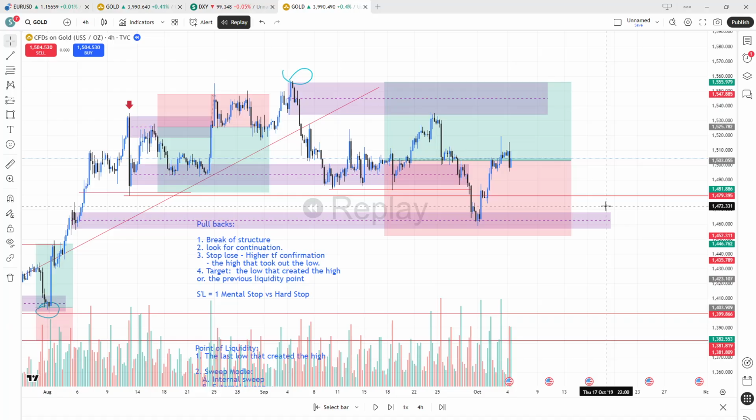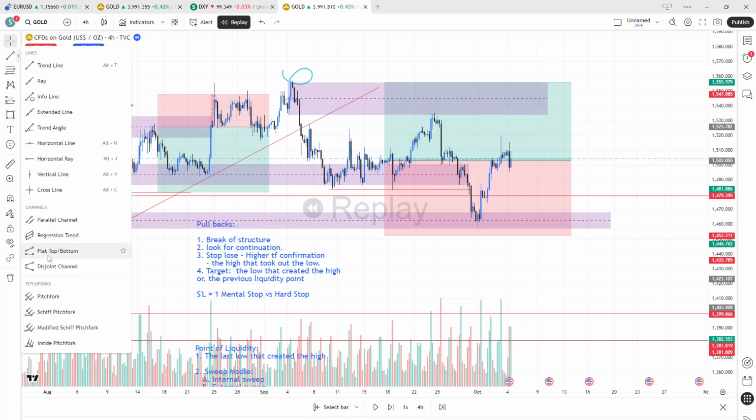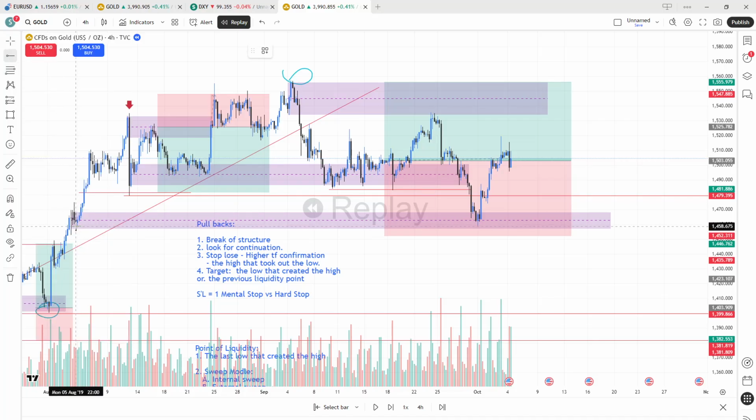Do we see a sweep model here based on the area that we drew up? So let's analyze it before we move on. So price came right here, never took it out. So there wasn't a sweep model, right?